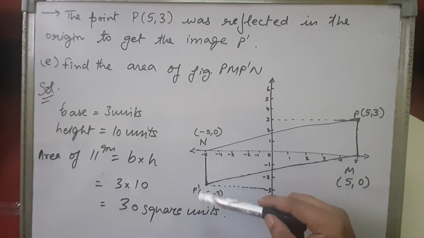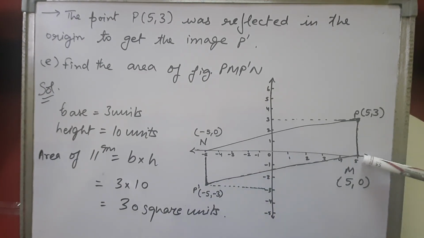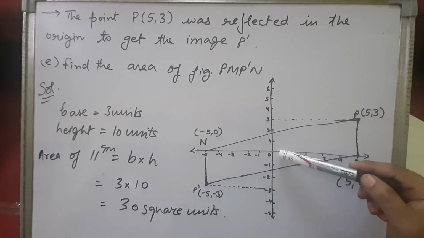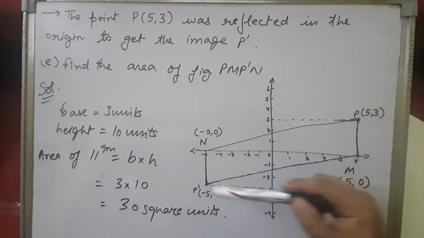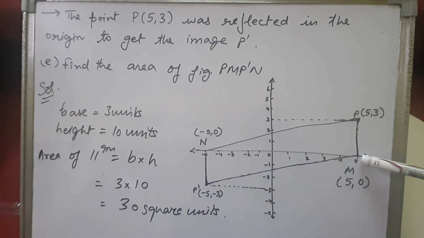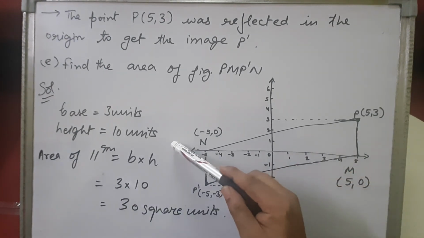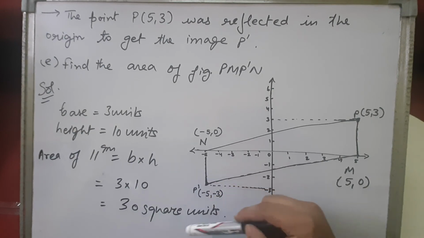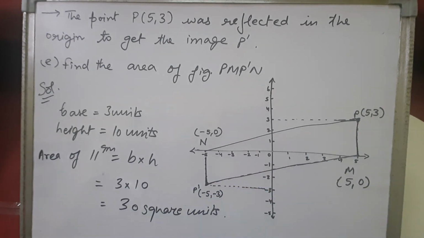So we can easily calculate the length of the height. The length of this smaller side, the base, is 3 units. So when the base is 3 units, the length of the height is how much? 10 units. So the formula for the area of the parallelogram is base into height. That will be 3 into 10 equals 30 square units.